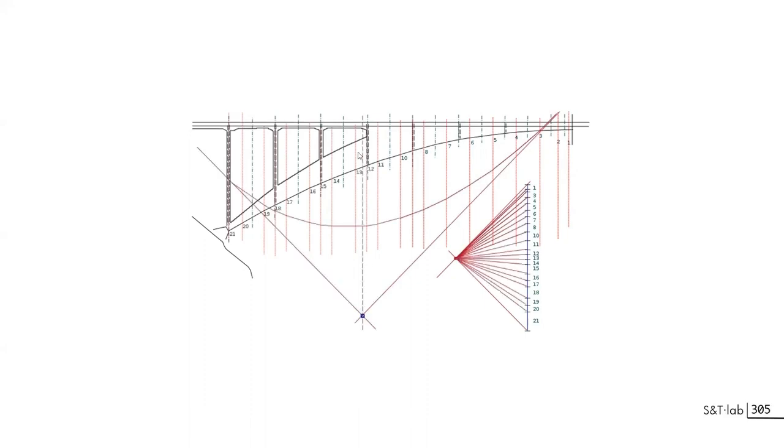Once this has been made, you can look for the resultant force. So the resultant is this vector starting from 1 and finishing at 21. And you can just lengthen this line on both sides to get the intersection. Since he decided to have 45 degrees for each of these lines, we do not have to make complicated drawings to get the tangent.